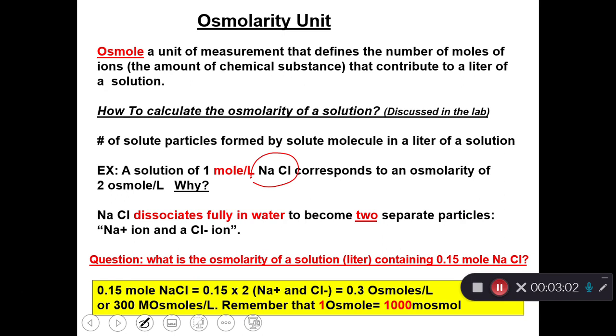For example, to calculate the osmolarity of 0.15 mole of sodium chloride, to change the mole into osmol, you have to multiply by 2. And then it's going to be 0.3 osmoles. And this equals 300 milliosmoles if you multiply this by 1,000.